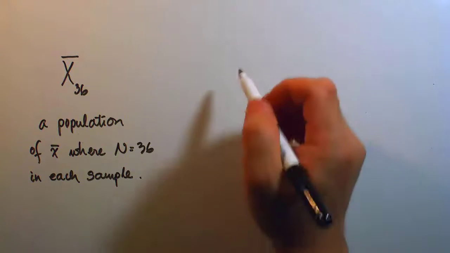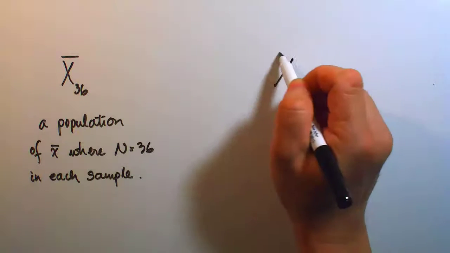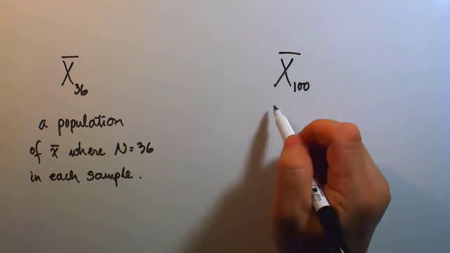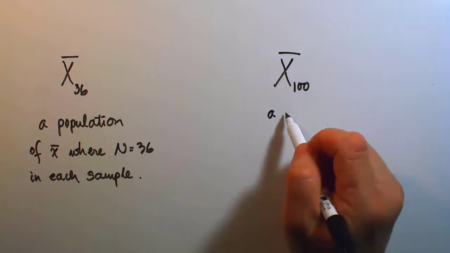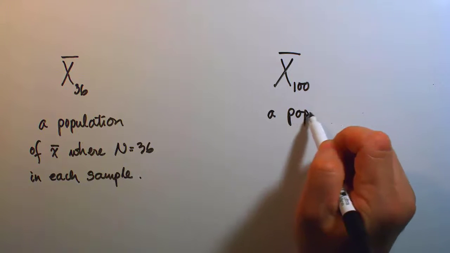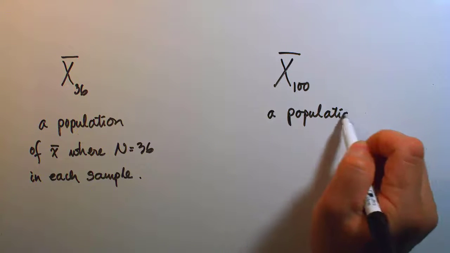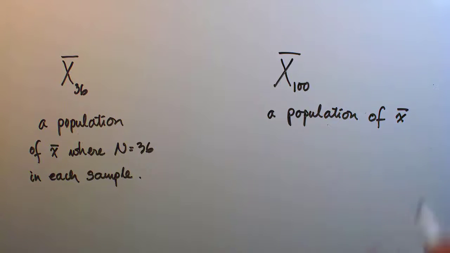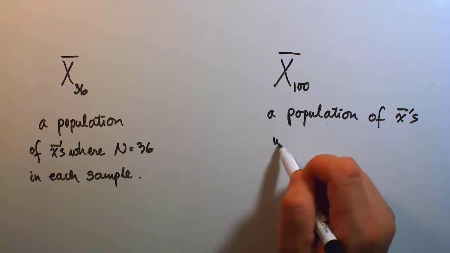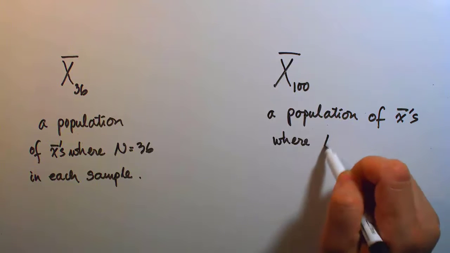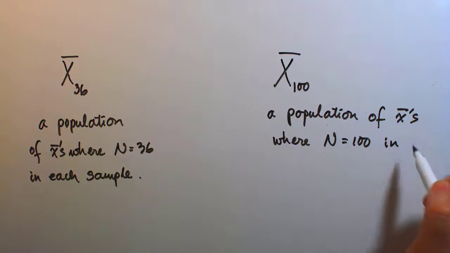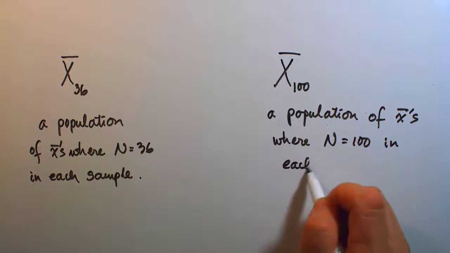And now we realize capital X bar 100, that I briefly mentioned, is a population of sample means again, where the sample size n is equal to 100 in each sample.